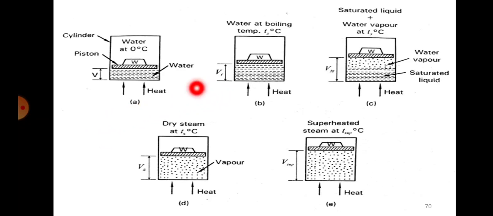Okay, so initially let's say you are taking water at 0 degree Celsius or at room temperature, maybe we'll consider it as 0 degree Celsius only, as it is given here, water at 0 degree Celsius, and then you keep a piston on top of that. Now why this piston is kept is to maintain the pressure. Okay, for that purpose we are keeping the piston on top of this and a weight on top of that.